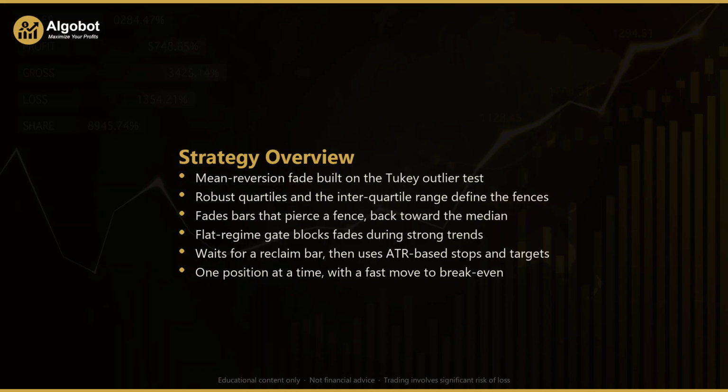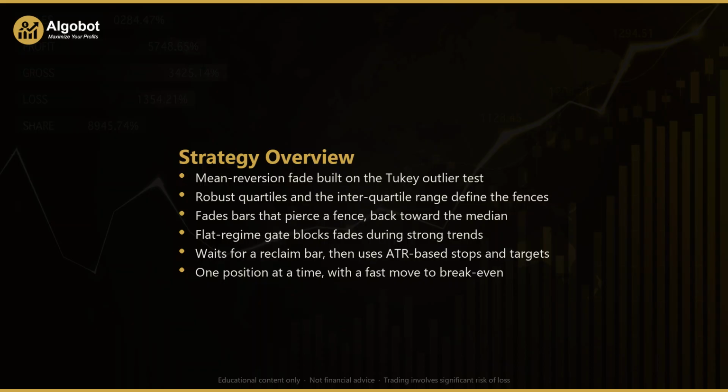Why quartiles instead of a simple average and standard deviation? Because quartiles are robust. A couple of sharp spike bars barely move the median or the IQR, whereas those same spikes would inflate an average and its deviation bands. That means when a bar pierces a Tukey fence, it represents a genuine overextension away from the body of recent trade, not just ordinary noise.